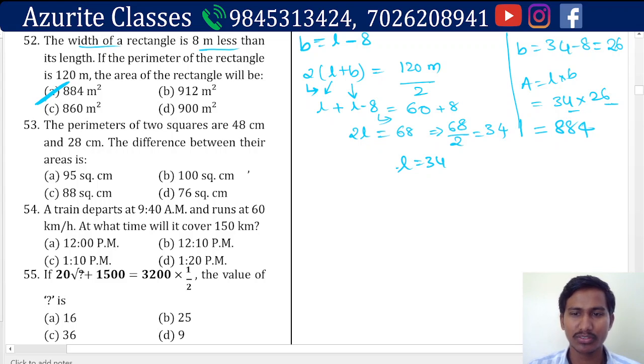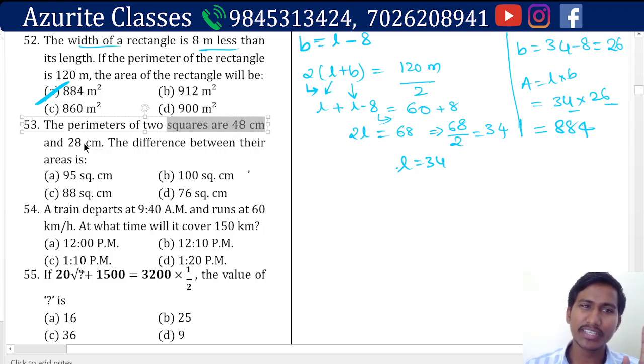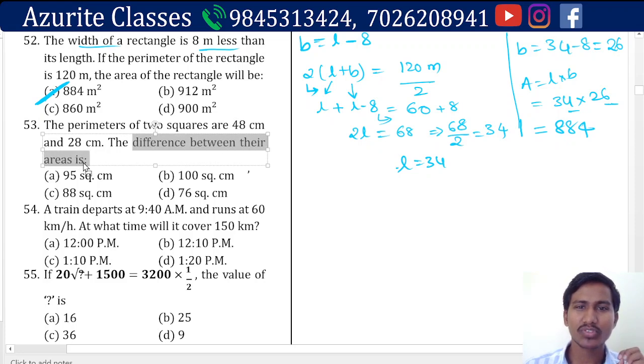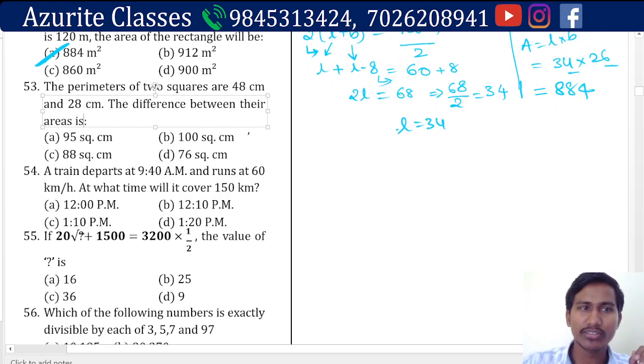Okay, good. Let's do the next question here. That is 53. The perimeter of two squares are 48 and 28 centimeter. The difference between their areas. So square it is, so side into side or side square, right?